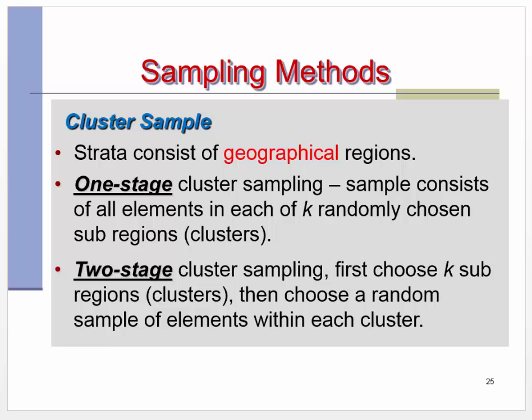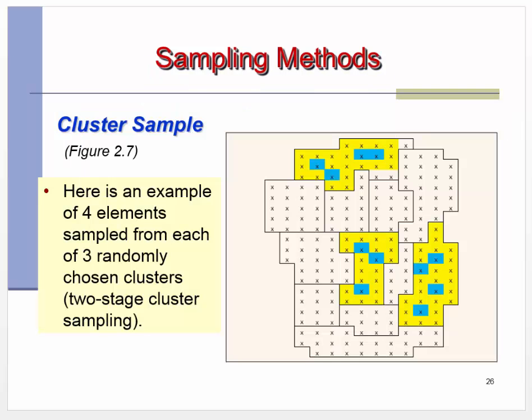In two-stage cluster sampling, we first choose k subregions, clusters, then choose a random sample of elements within each cluster. This chart on slide number 26 shows how cluster sampling is done. We first choose three clusters, highlighted in yellow, and then choose randomly from each cluster 3 or 4 items.